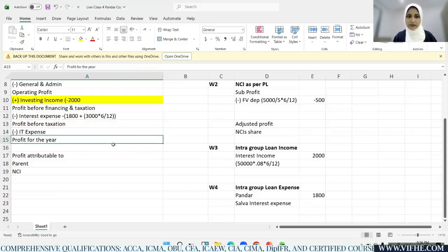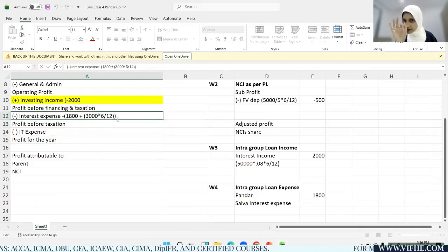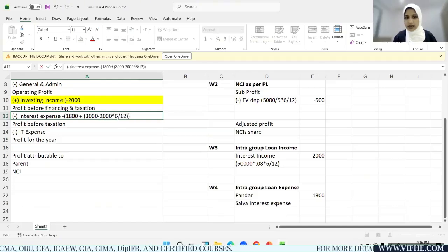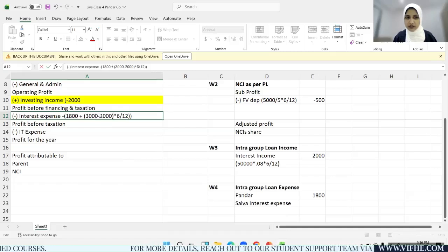But I have to be very careful here because I have 2 million pertaining to the intergroup loan, which I have to very carefully first remove from the 3 million. I have to remove it from here and then do a 6 by 12, because I have to do a 6 by 12 only for this 3 million minus 2 million, that 1 million element that is remaining. Only for that I have to do a 6 by 12.